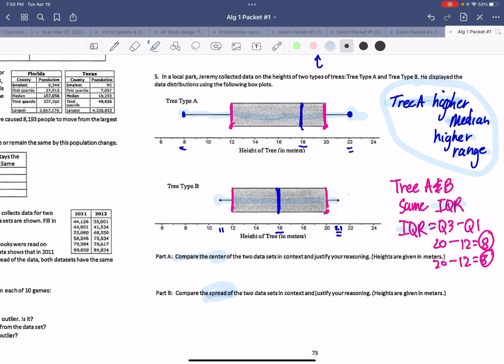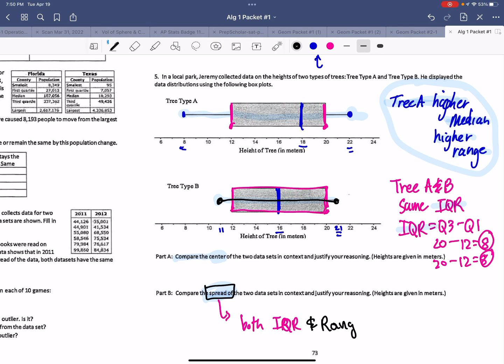So spread means both: the interquartile range, the spread of the middle half of the data, and the range, the spread of the entire data. So when they ask for spread, they're talking about the interquartile range and the overall range. Nice work, guys.